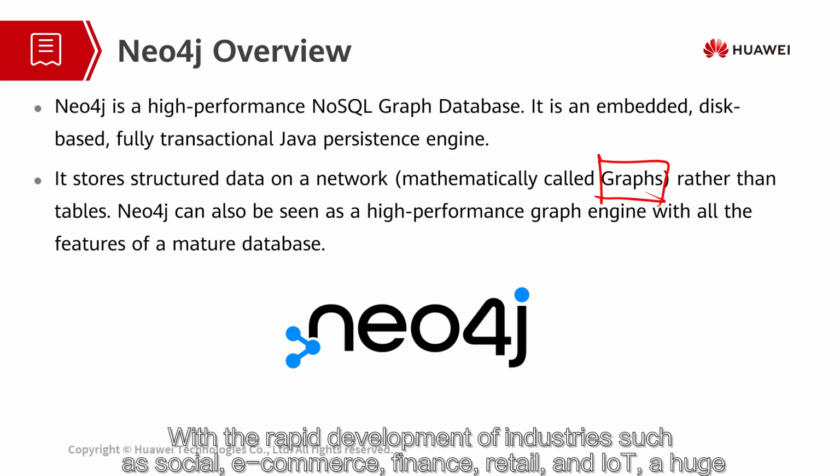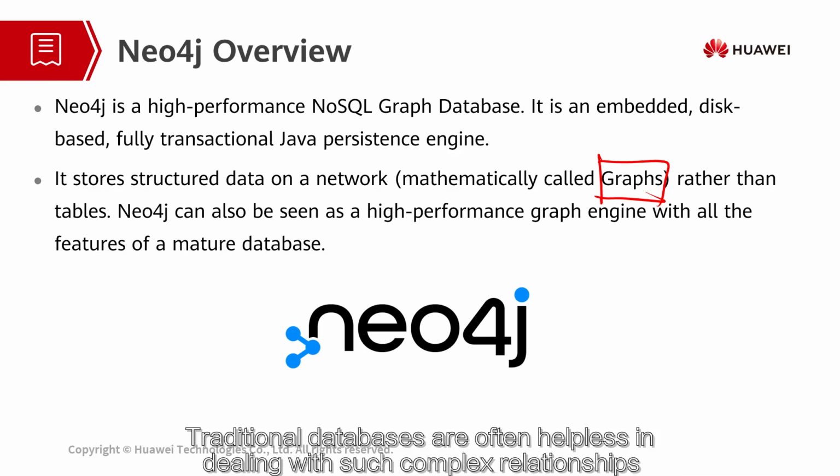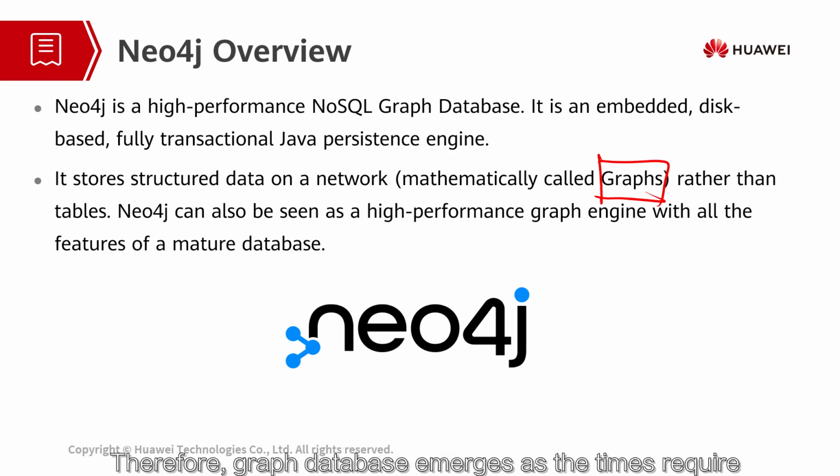With the rapid development of industries such as social, e-commerce, finance, retail, and IoT, a huge and complex network of relationships is formed between real-world objects. Traditional databases are often helpless in dealing with such complex relationships. Therefore, graph database emerges as the times require.